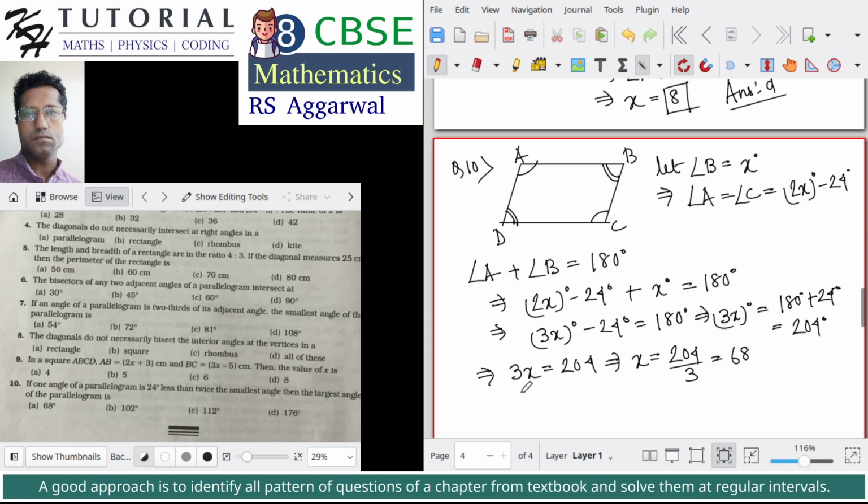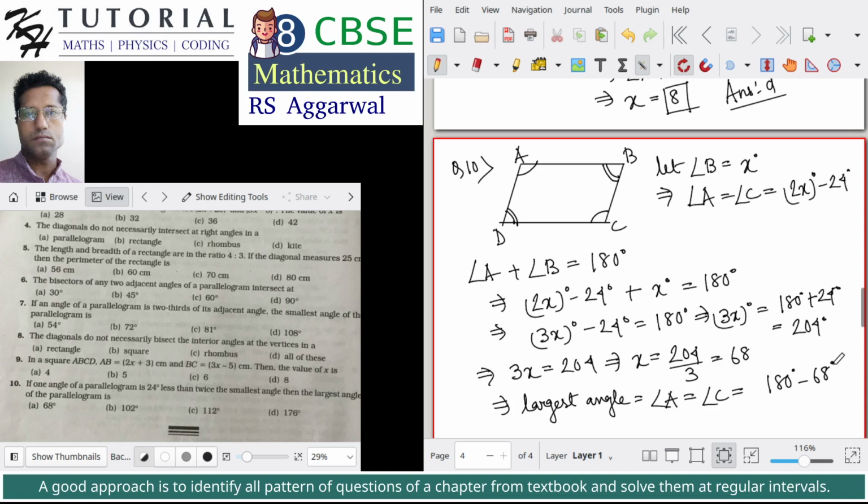It is asking for the largest angle. So the largest angle is A or C, and angle A will be equal to 180 degree minus angle B. B is x degree and x is 68.